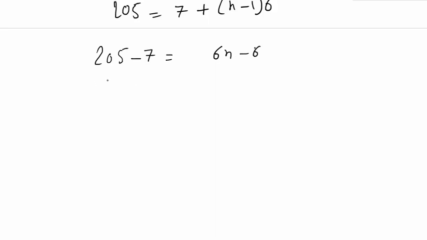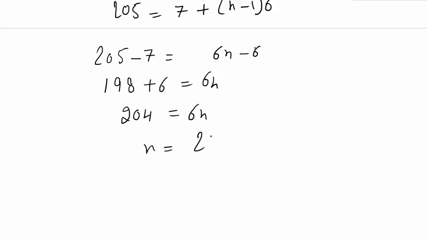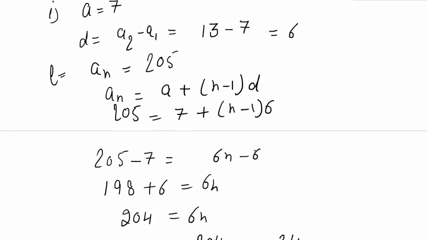This will become 198 plus 6 equals 6n. Now solve this. You will get 204 equals 6n, and n will be 204 divided by 6. 6 3s are 18 and 6 4s are 24, so 34 will be the answer. So here n is 34.